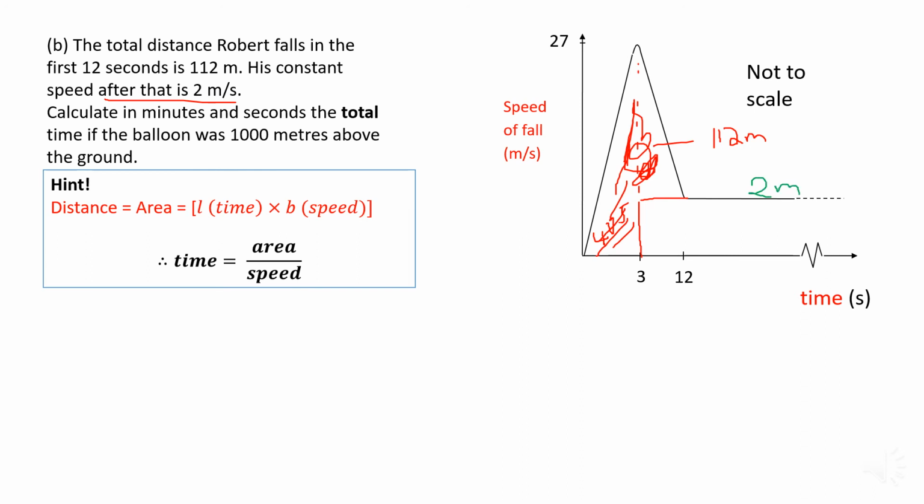2 meters per second. Now, they are asking you to calculate in minutes and seconds the total time, if the balloon was 1,000 meters above the ground. So when he's here at 12, there is still a certain height that he has above ground.